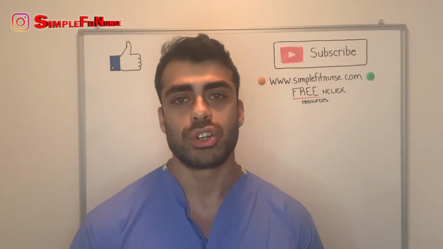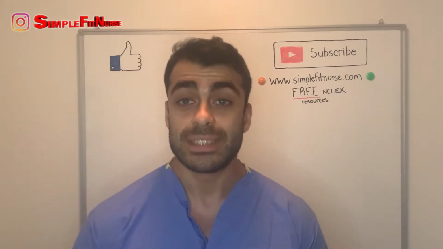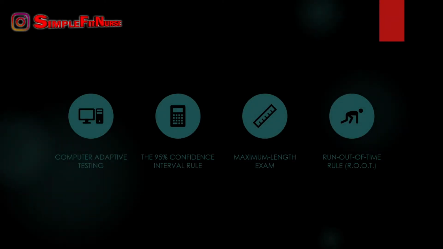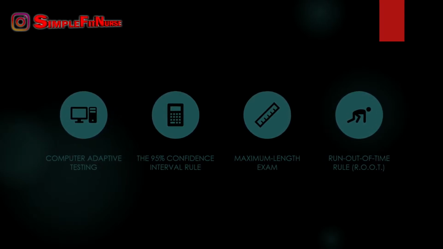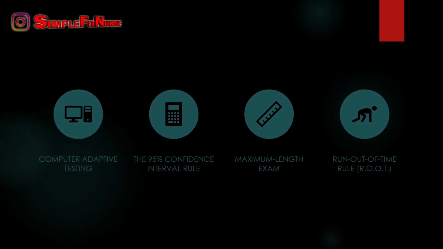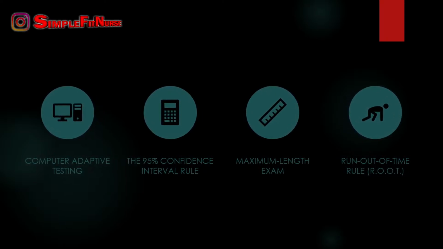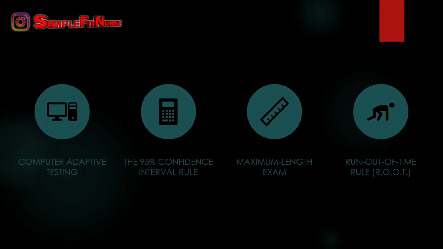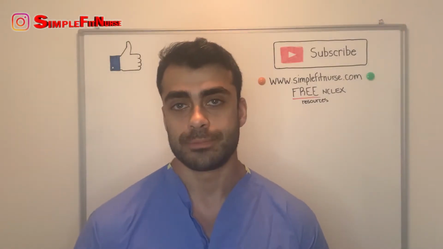The most important terms that you should familiarize yourself with and understand about the NCLEX exams are: number one, the computer adaptive testing term; number two, the 95% confidence interval rule; number three, the maximum length exam; and number four, the run out of time rule, or ROOT.